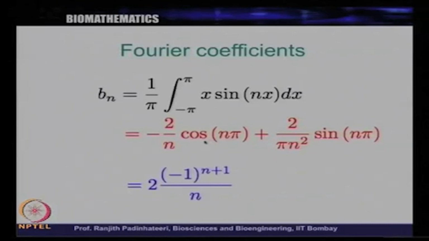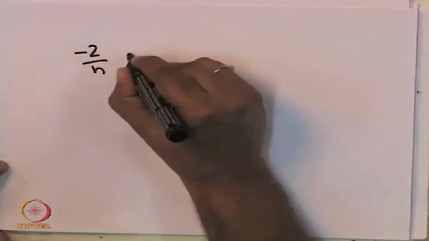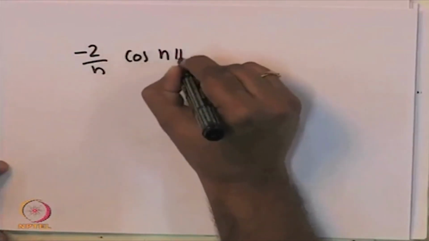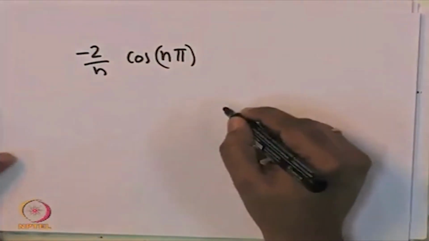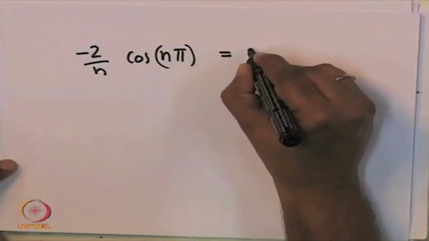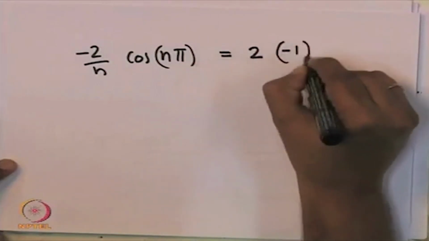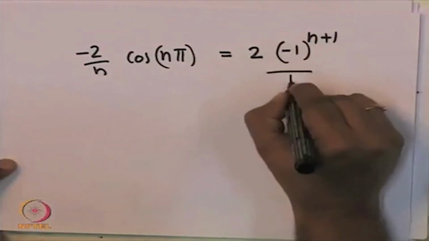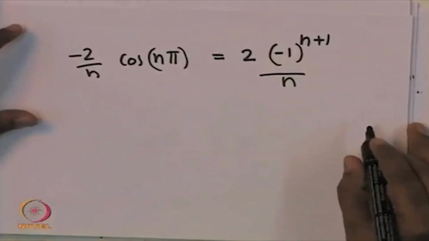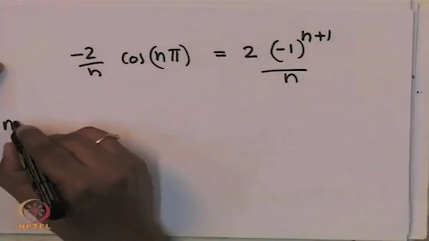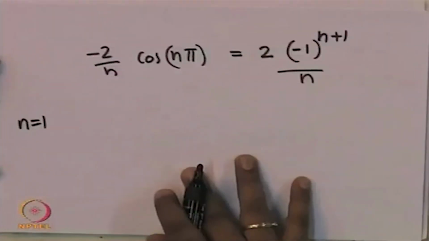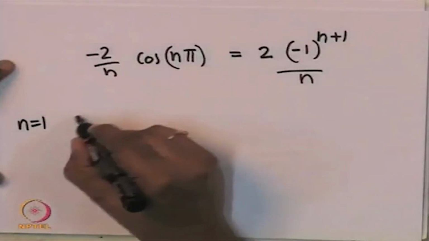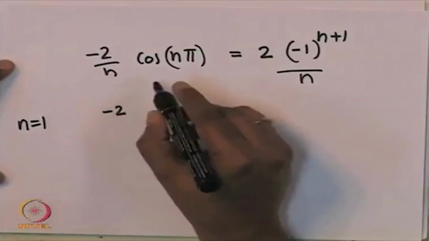The claim is that minus 2 by n cos n pi is the same as 2 times minus 1 whole power n plus 1 by n. Let us check for n equal to 1 first. For n equal to 1, what do you get? Minus 2 by 1 into cos pi.